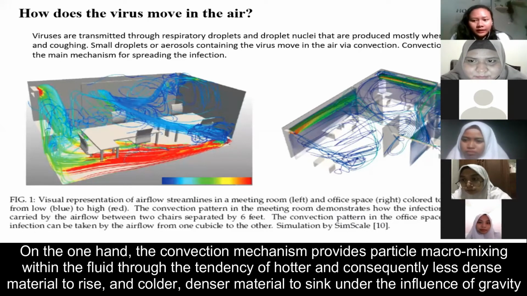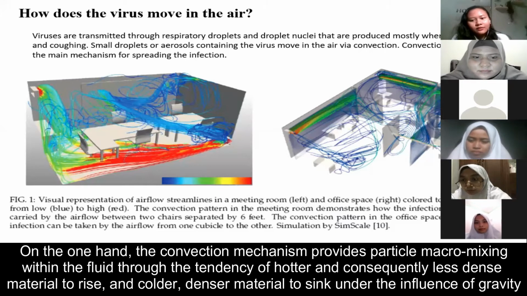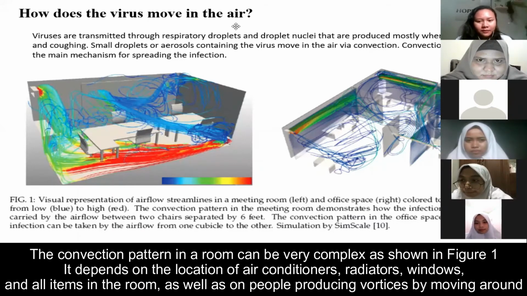On the one hand, the convection mechanism provides particle macro mixing within the fluid through the tendency of hotter and consequently less dense material to rise and colder, denser material to sink under the influence of gravity. The convection pattern in a room can be very complex, as shown in figure 1.